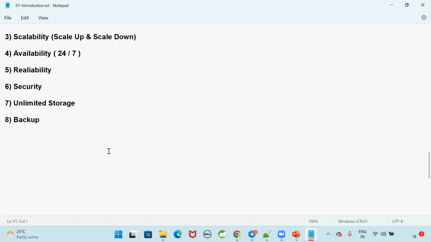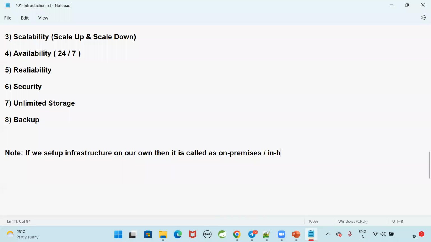Okay, if we set up infrastructure on our own, then it is called on-premises or in-house infrastructure.